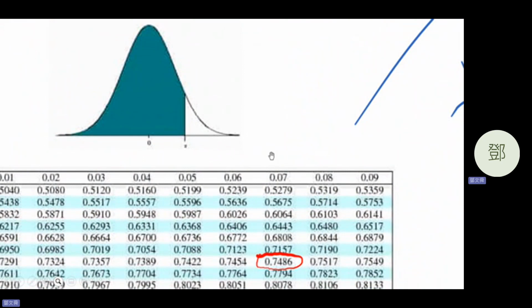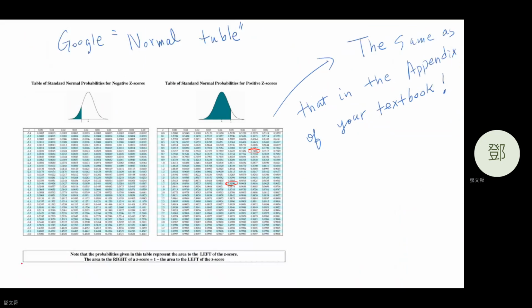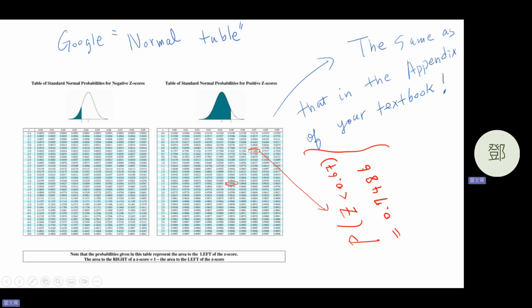The probability that Z, or equivalently the standard normal distribution, is smaller than 0.67 is 0.7486.